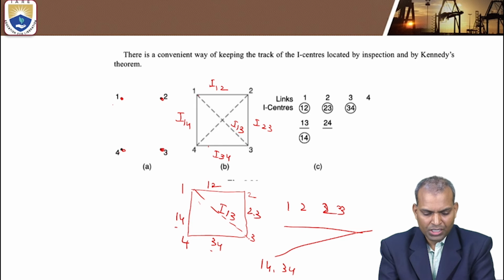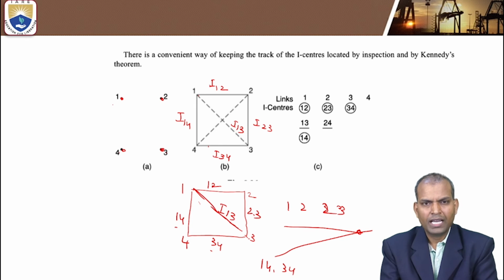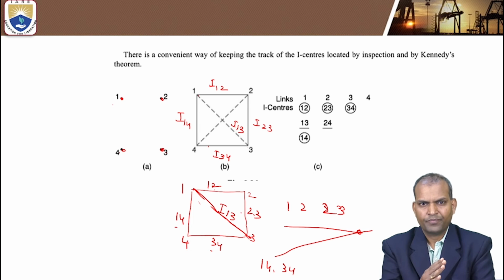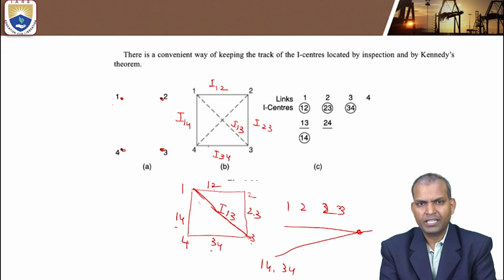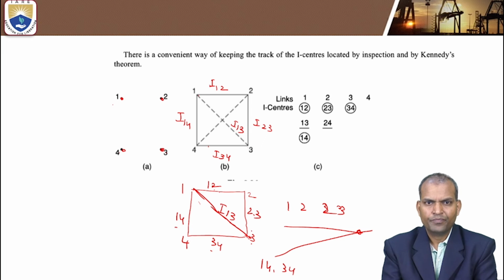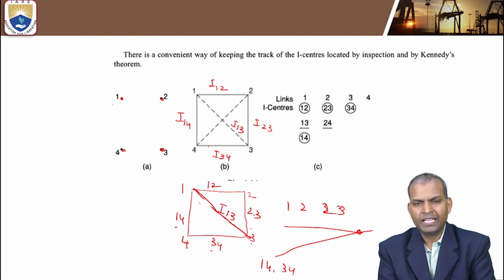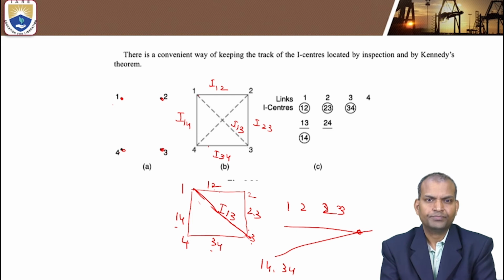That intersection gives the I center of 1,3. So simple. Which I centers do we have to extend? In the earlier slides, we extended two I centers because these three links 1, 2, 3 are rotating relative to each other, so their I centers lie on a straight line.